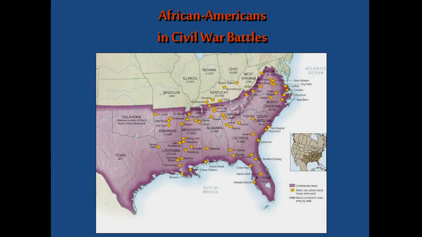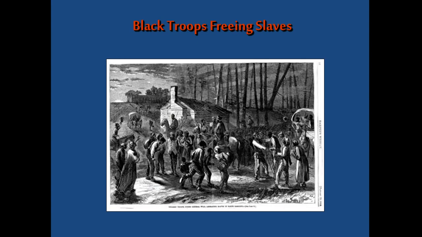African Americans fought everywhere in the Civil War, as you can see according to this map. Even they were freeing slaves, and they were kind of looked at as heroes by the slaves that were being freed. It's interesting to note that even the Confederates had blacks fighting for them at the end of the war, but as you can probably guess, many slaves used that as an opportunity to escape.